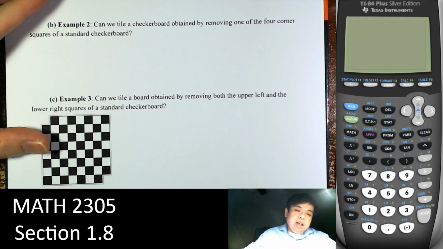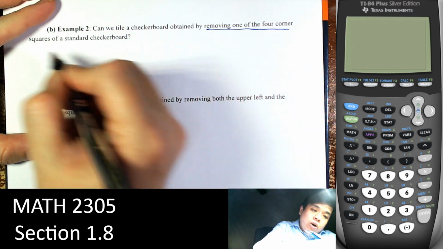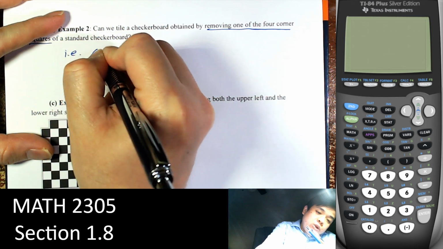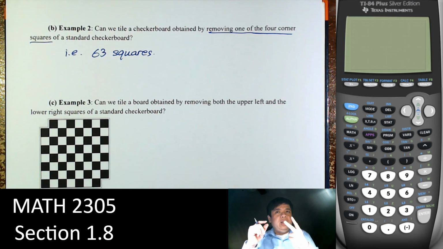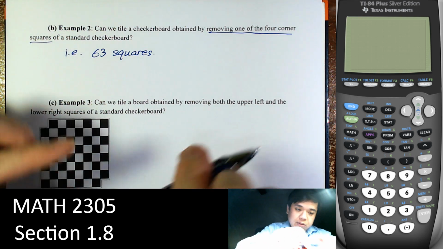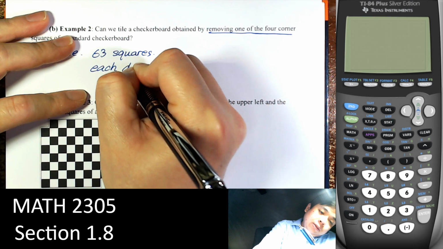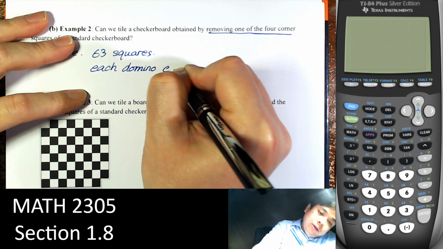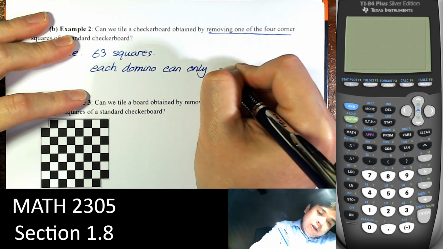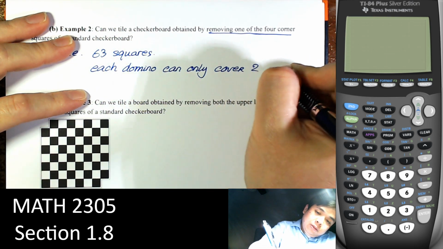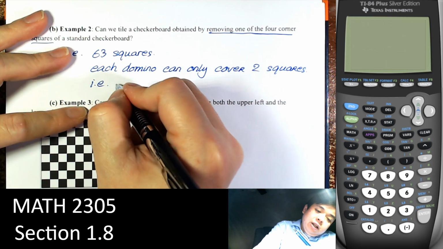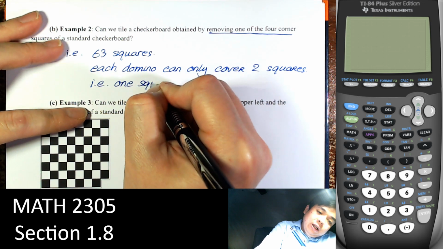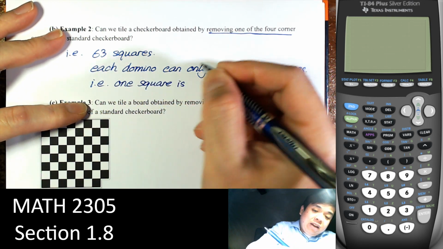Now, if we remove one corner, we have only 63 squares left, and each domino only fills 2, so there has to be something remaining, meaning one square is left uncovered.